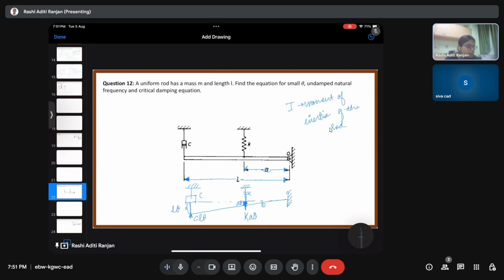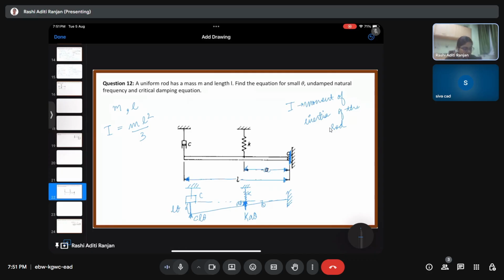Now, since this rod has a mass m and a length L, its moment of inertia I is going to be m L square by 3, since it is pivoted from a point which exists at one end. If it would have been in the center, the moment of inertia would have been different. It is m L square by 3 because it is like a cantilever beam. Okay. Now we know I.